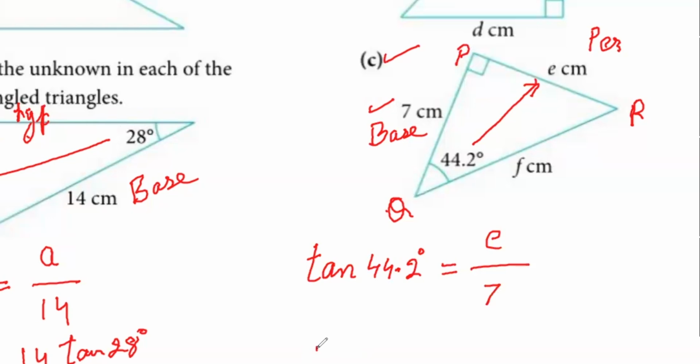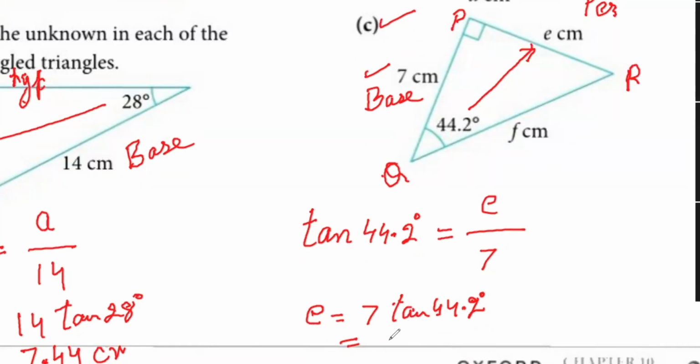Now, again, the same technique we are going to apply. E is equal to 7 into tan 44.2 degree. Now, I think so you might have calculated the answer. Well, after calculation, we found that it is 6.8 centimeter.